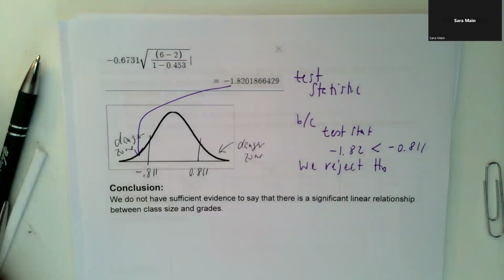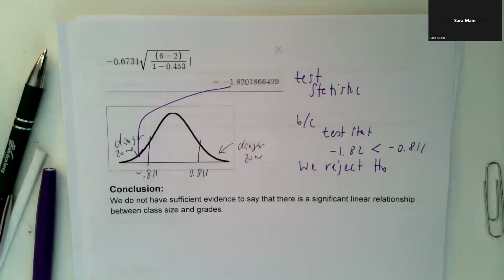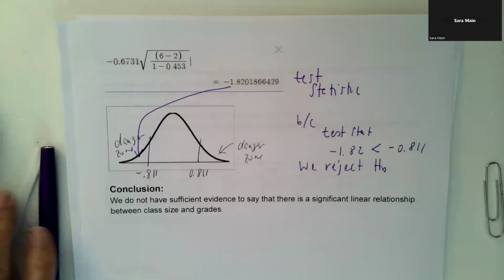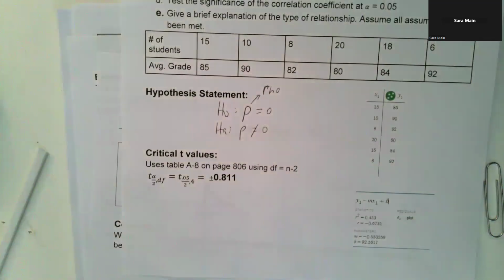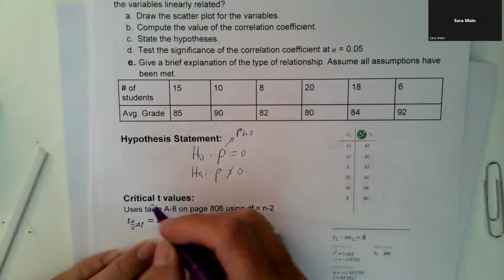So I think I maybe mistyped this here. I misspoke. This is not our critical value. So if we want to use just our hour, this is not a critical value.